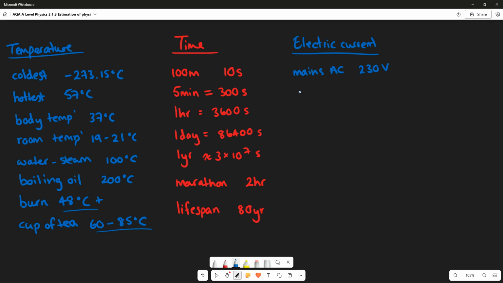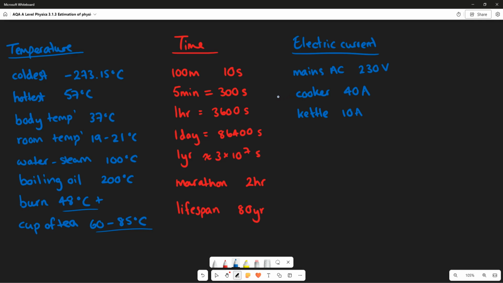Your cooker, an electric cooker, will use 40 amps, which is huge. Your electric kettle, to make your cup of tea, will be about 10 amps. So compare that. A kettle is a very power-hungry appliance, so a cooker even more so.